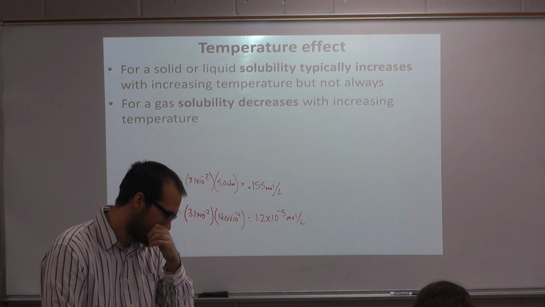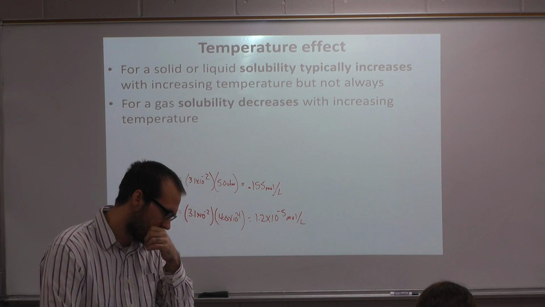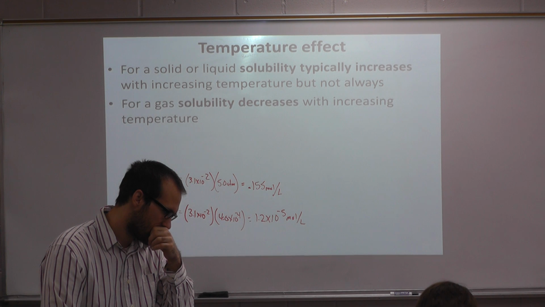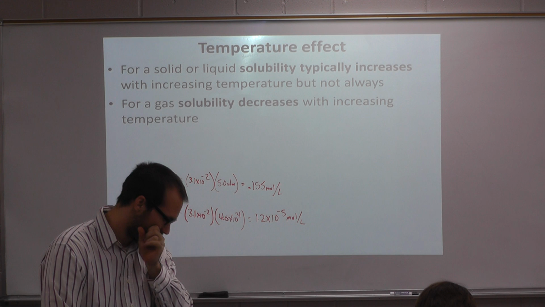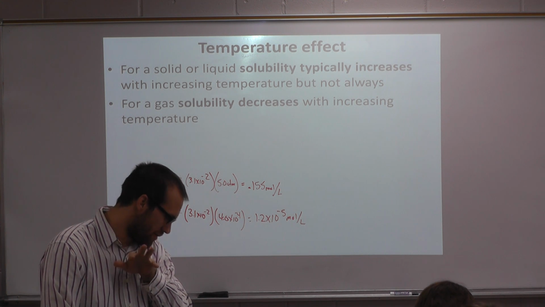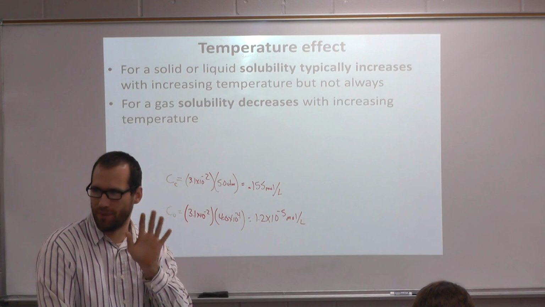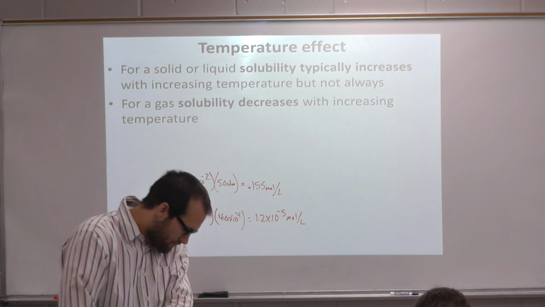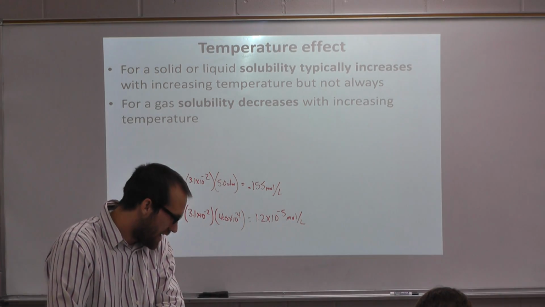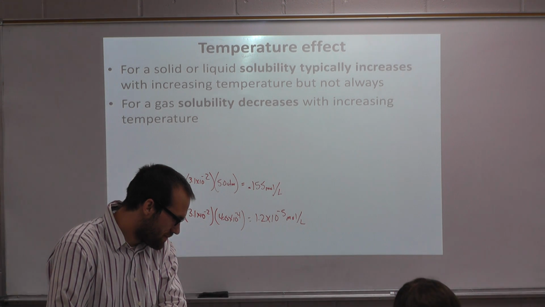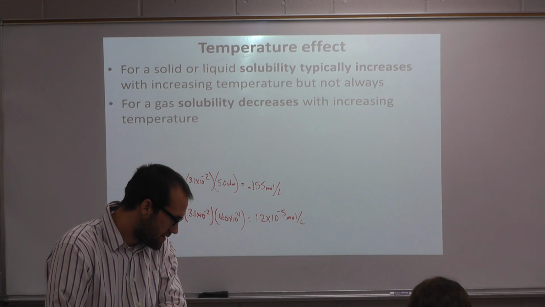For example, although there is some correlation between the sign of the enthalpy of solution and the variation of solubility with temperature, important exceptions exist. For more information, see the reference. The only sure way to determine the temperature dependence of a solid's solubility is by experiment.